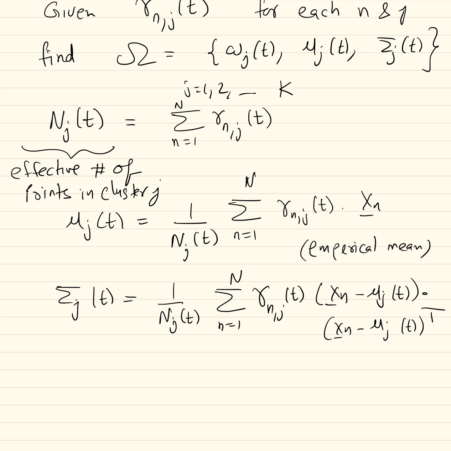So again, dividing by the effective number of points in the jth cluster, taking the contribution of each point to the jth cluster and multiplying it by the associated estimate.